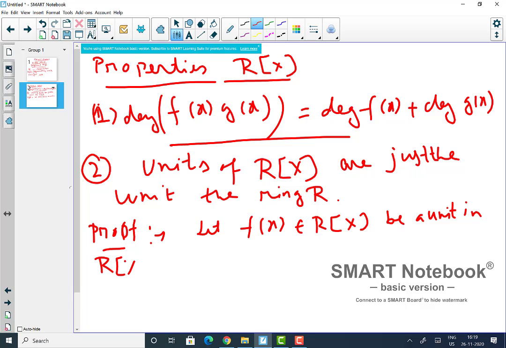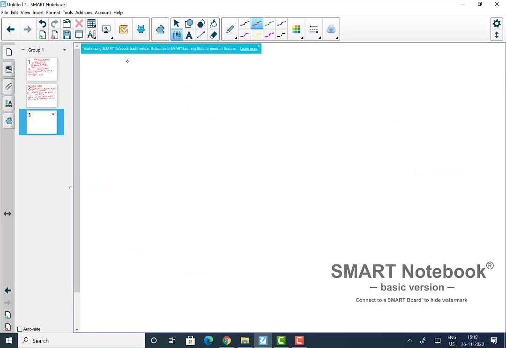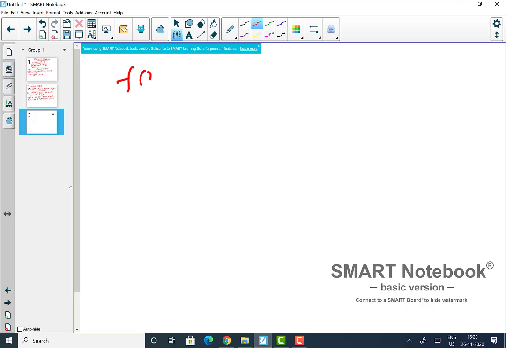Okay, then there exists g(x) belonging to R[x] such that f(x) times g(x) equals 1, the identity. So the identity polynomial is 1.